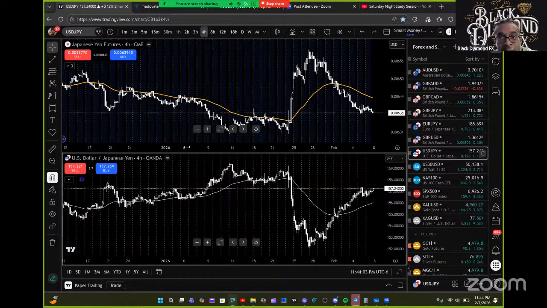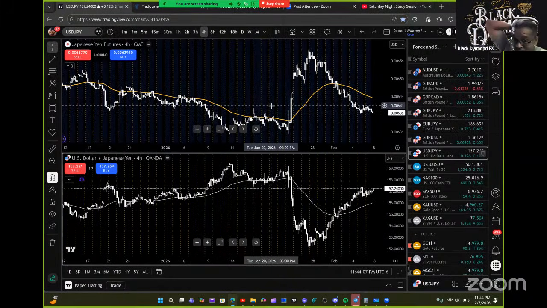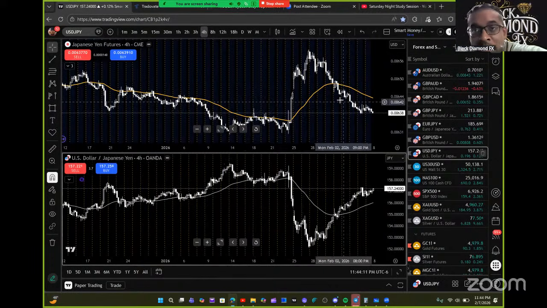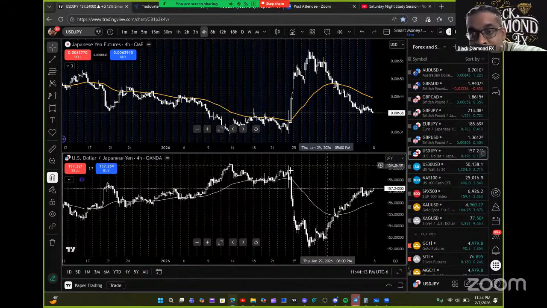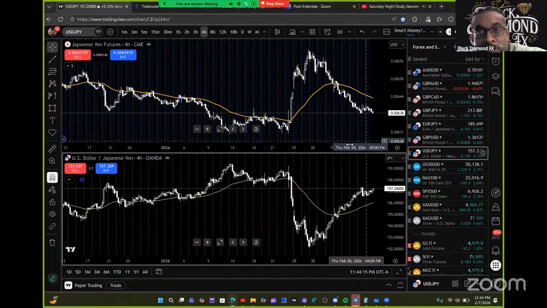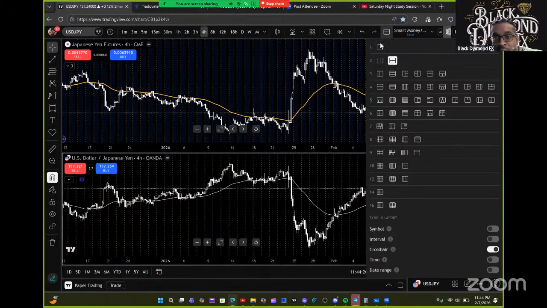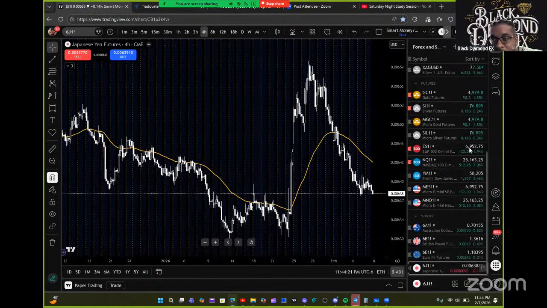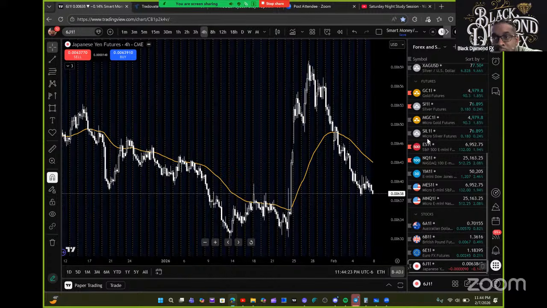So if you buy one, you can sell the other. You sell one, you buy the other. A perfect mirror image. Inverse. Inverted. So that's how that works with those. And that is about it.